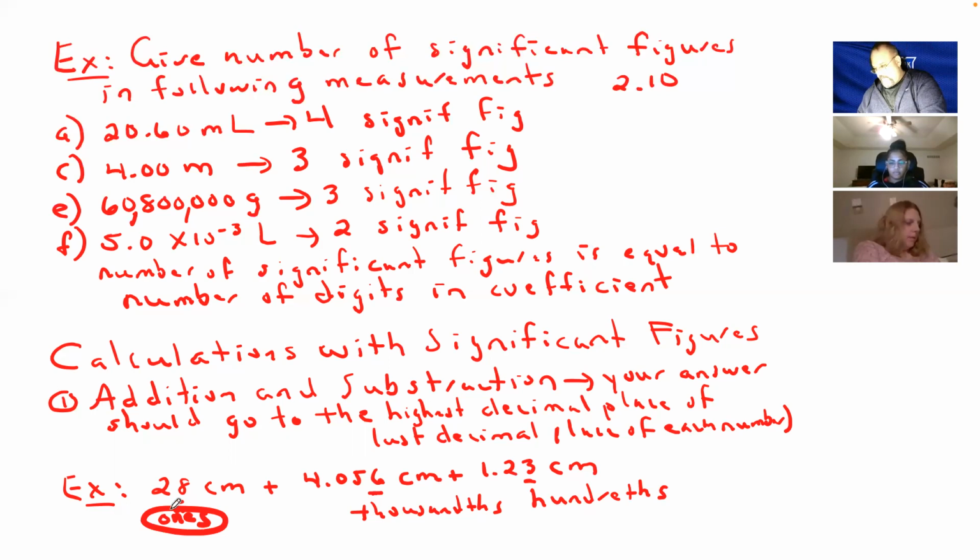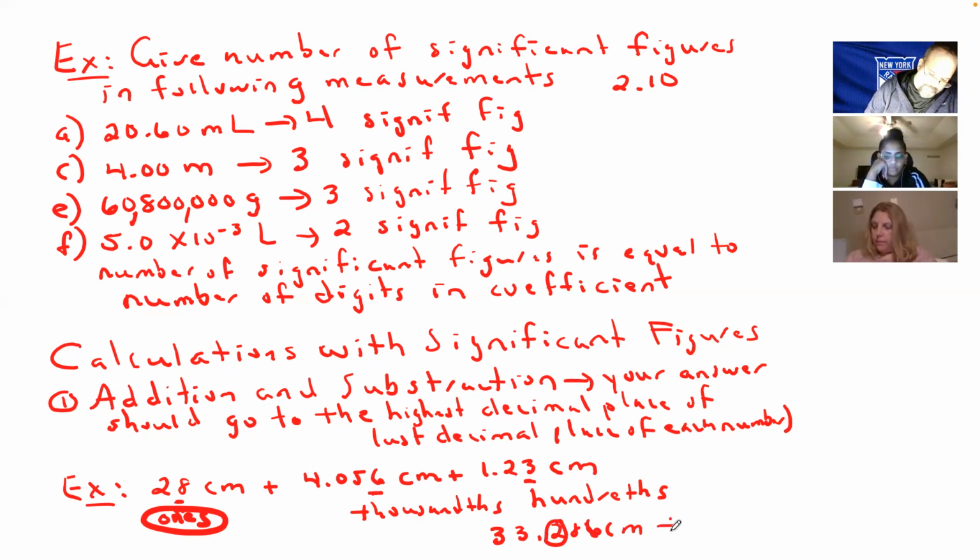If I got 28 plus 4.056 plus 1.23, when I put that into my calculator, I actually get 33.286 centimeters. But if I want to give my number to the right significant figures, I'm going to use the 2 to round my answer in the ones place. So the final answer here would be 33 centimeters.